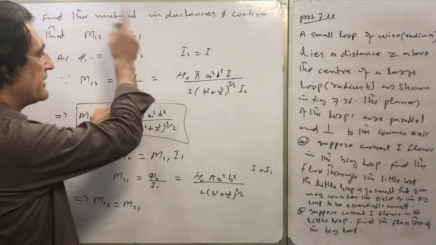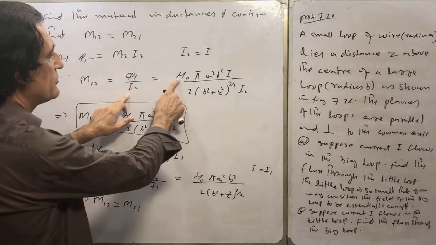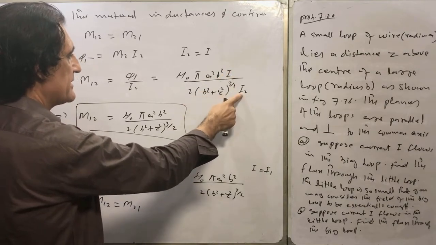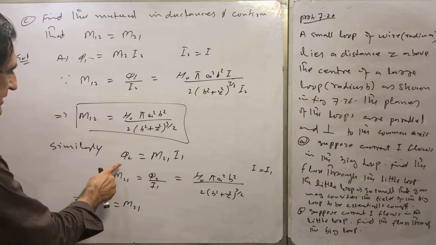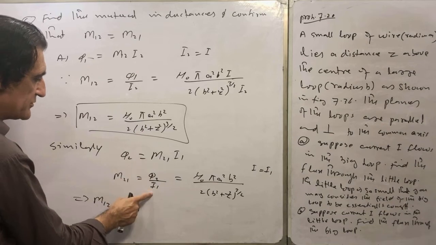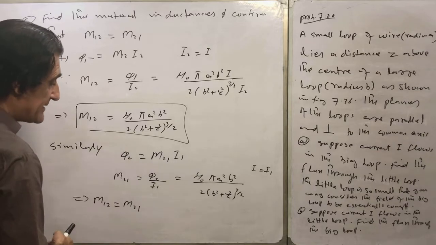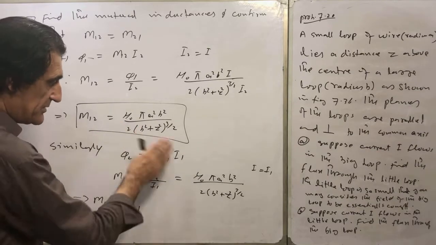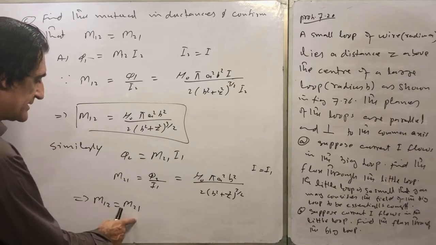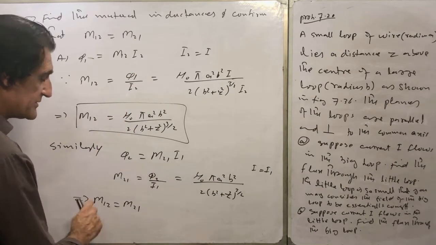Putting in the value of phi 1 we already calculated in section A, this is equal to mu naught pi a square b square I divided by this, and I will cancel with this, so we will get this. Similarly, phi 2 is equal to M21 I1, and from this M21 is equal to phi 2 divided by I1. Putting in the flux phi 2 from the previous section B, I will cancel out, and we will get the result. From this we can see that M12 is equal to M21.